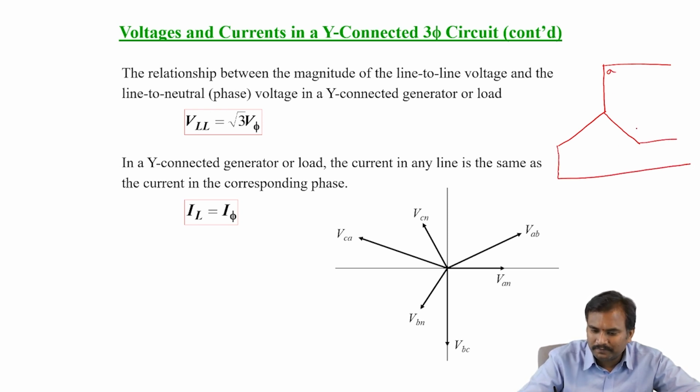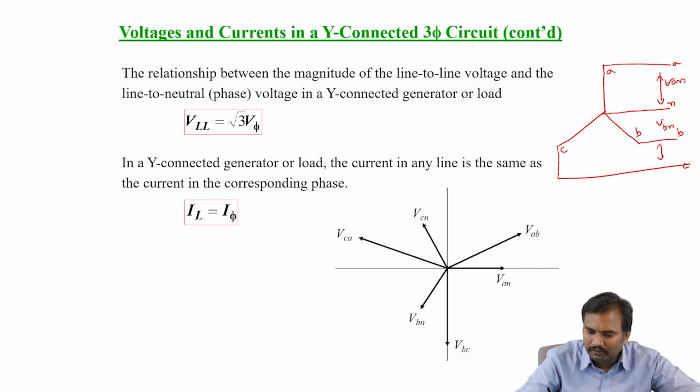This is phase A, phase B, phase C, and this is the neutral. This is VAN, VBN, and VCN.